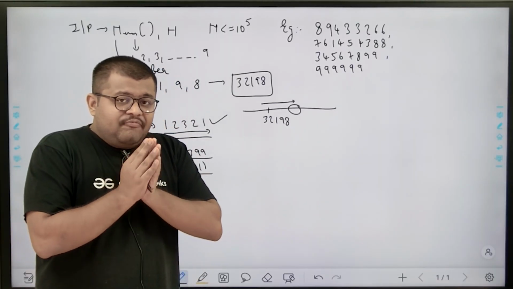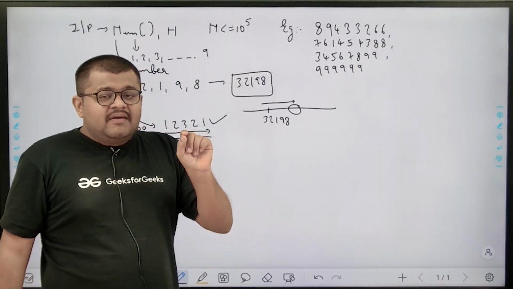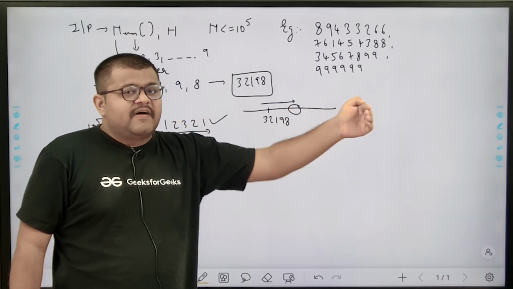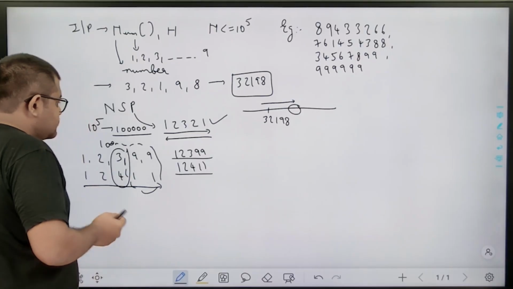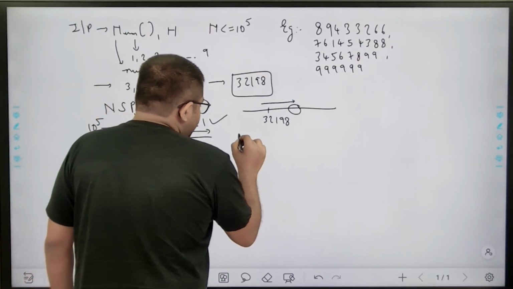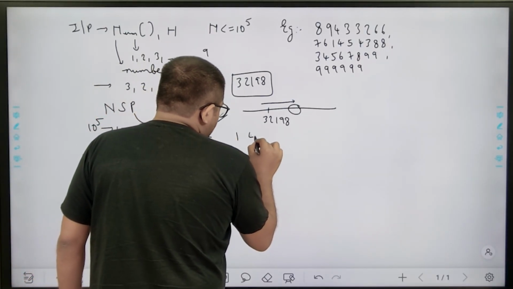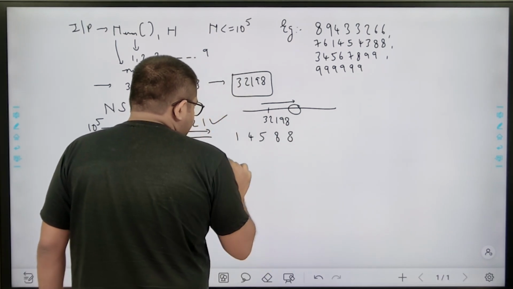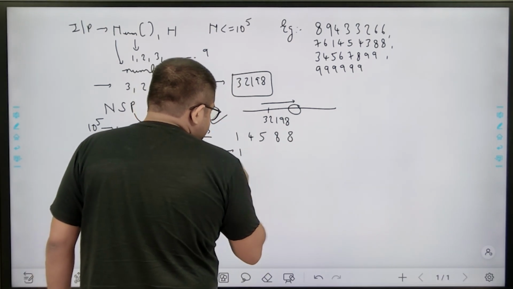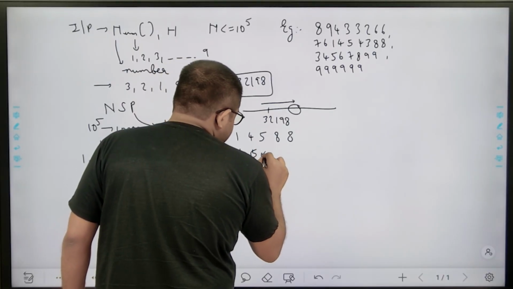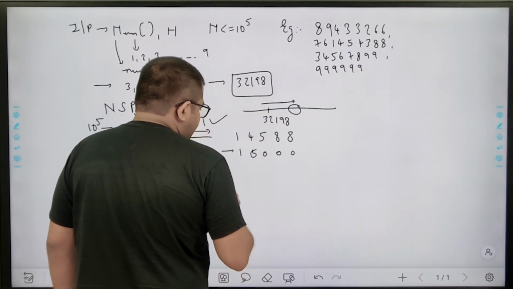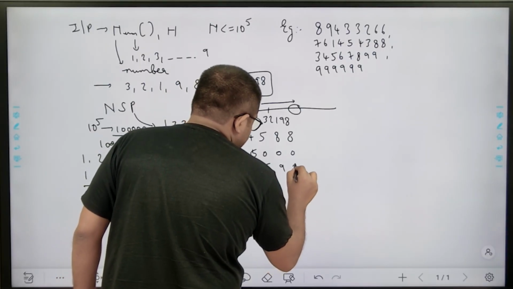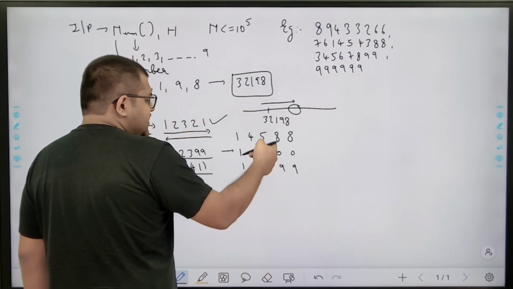See, if we think about this, then the digit at which it differs should be as far as possible. For example, if I have a number 1 4 5 8 8, and I have another number which is 1 5 0 0 0, and another number 1 4 5 9 9, now both of these are greater.